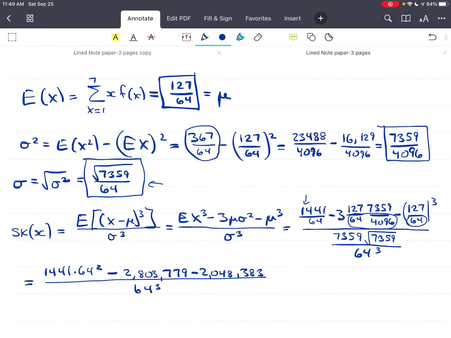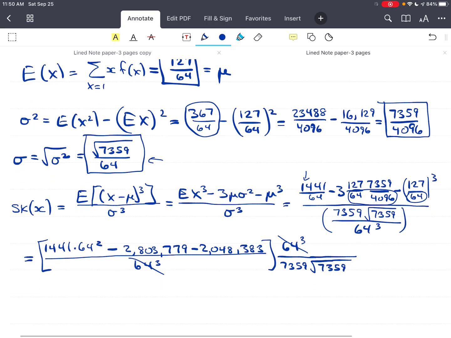And then this whole thing, I'm going to invert and multiply the fraction in the denominator, which is going to give me 64 cubed over 7359, square root of 7359. So these cancel. And this gives me, when I subtract all of this out, well, let me write it.